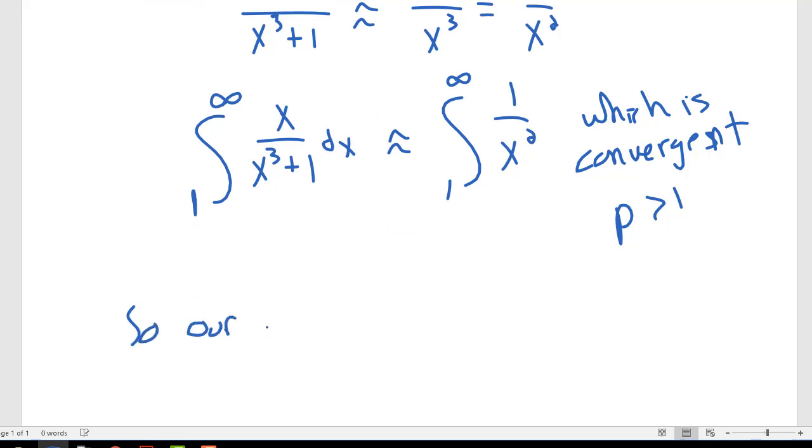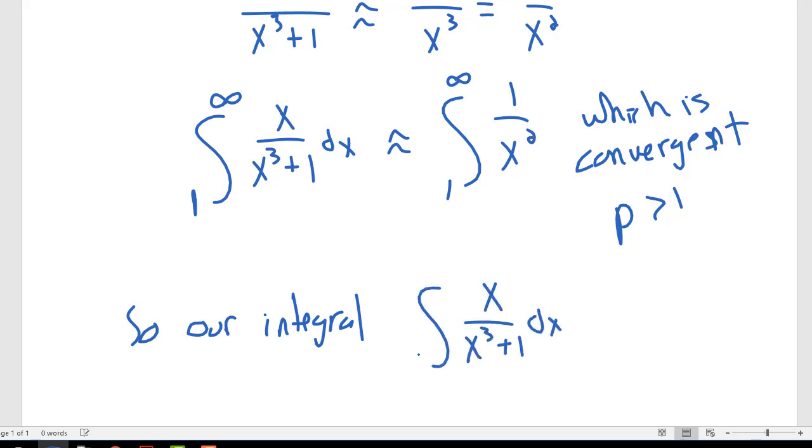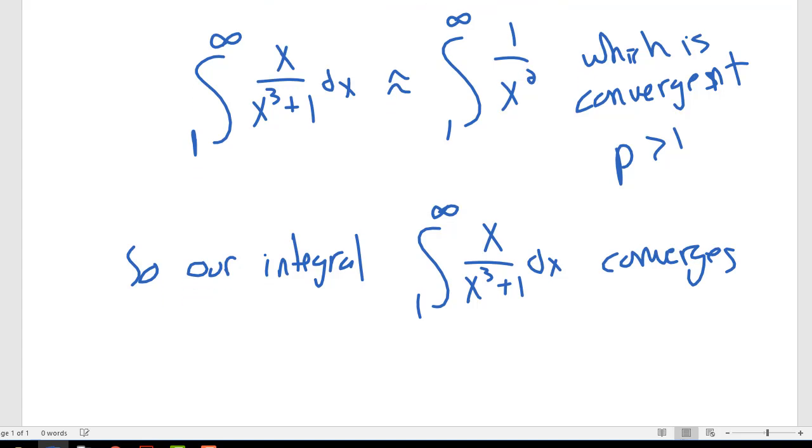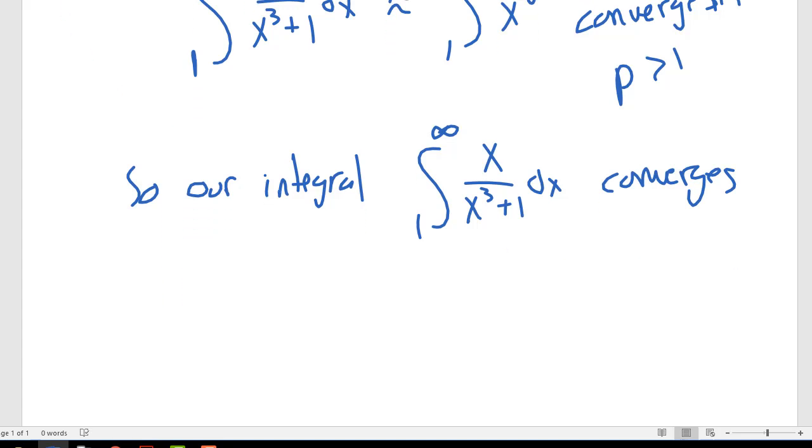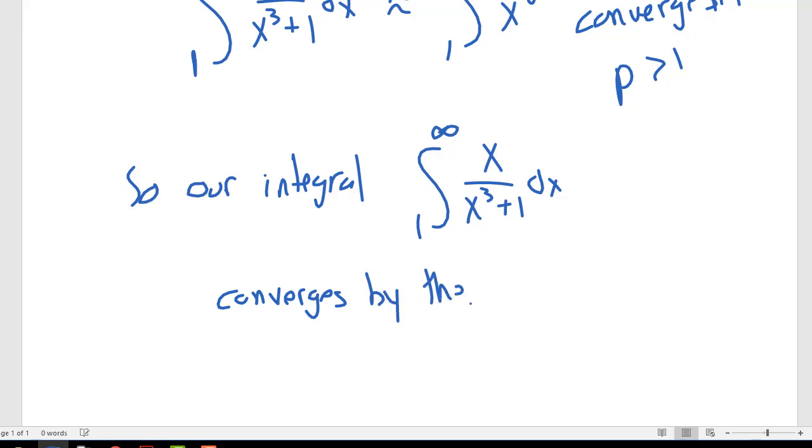So our integral of x over x cubed plus 1 converges by the comparison theorem. Man, that is a sloppy converges there. So that integral converges by the comparison theorem.